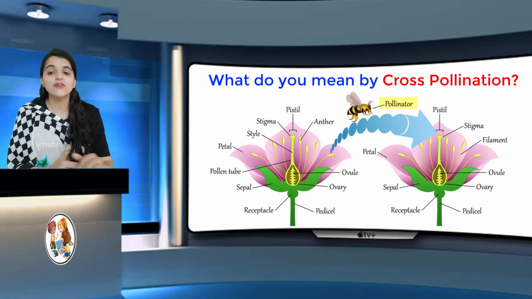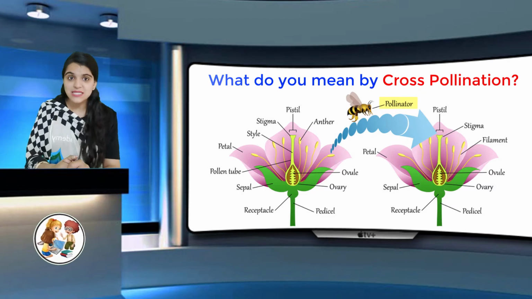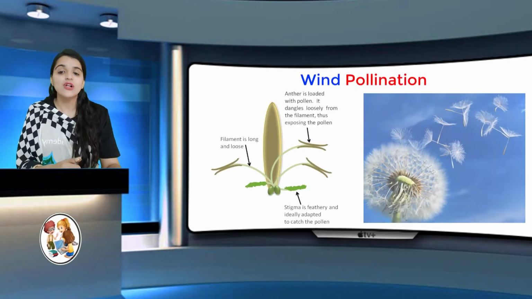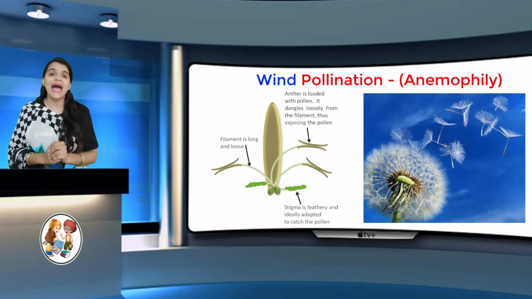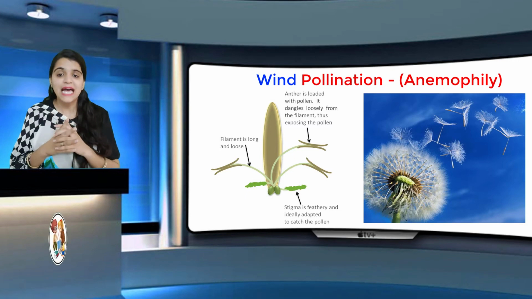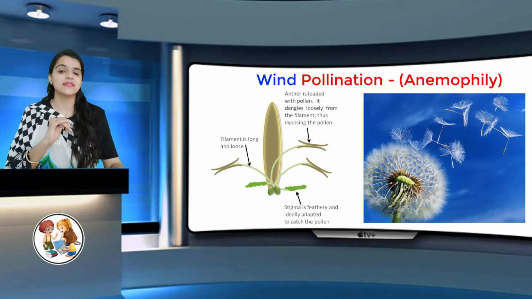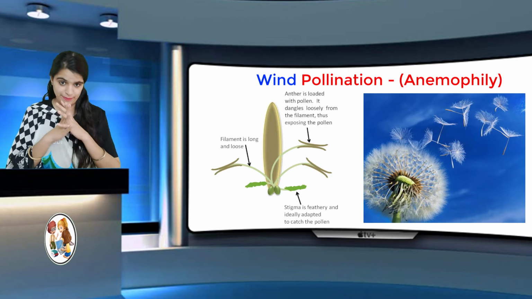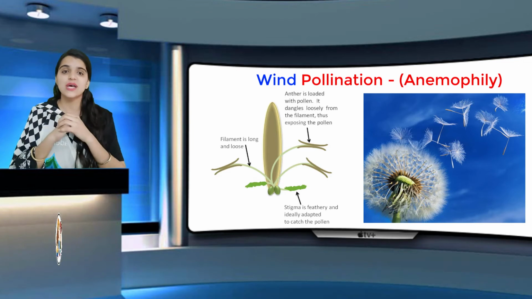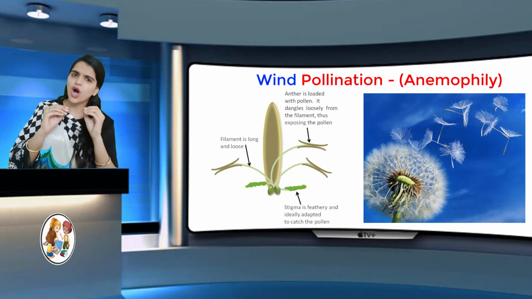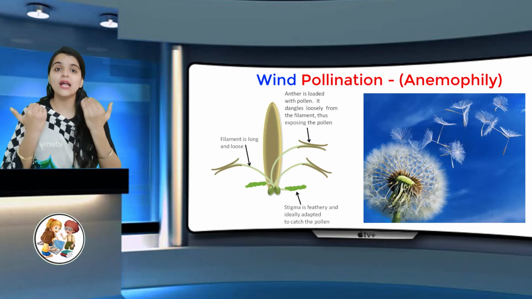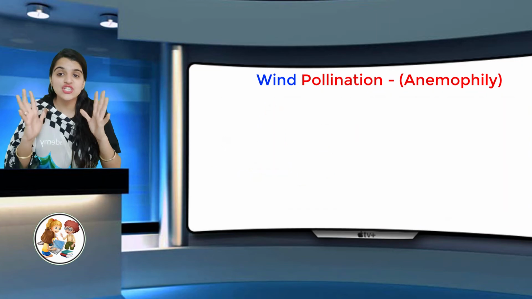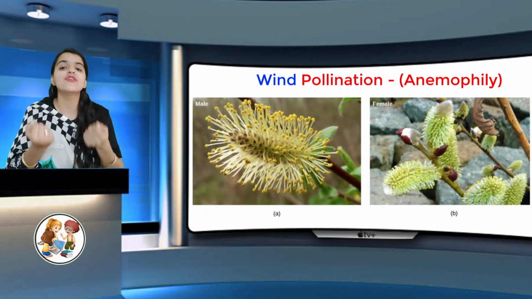Starting with the first, that is called wind pollination, also called anemophily. Only a few flowers use wind pollination, right? And their features are what? They are greenish, small, odorless flowers. As these flowers do not attract pollinators, their energy is not used for making colorful petals.